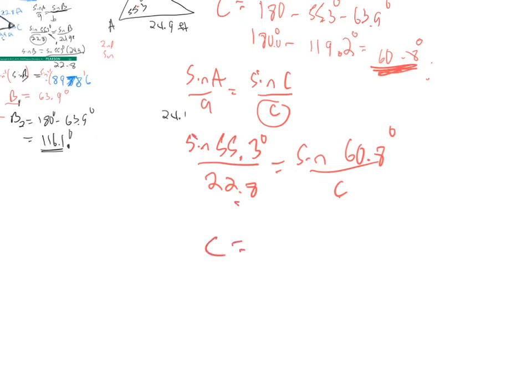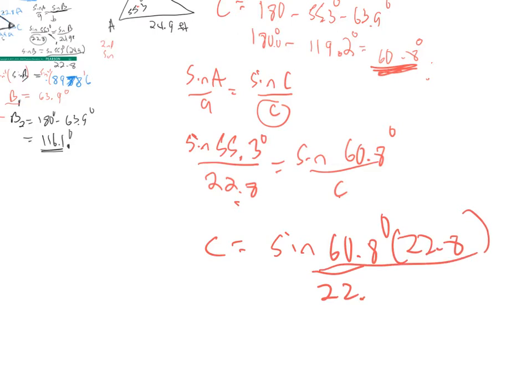C is equal to sine of 60.8 degrees times 22.8 over the sine of 55.3 degrees.